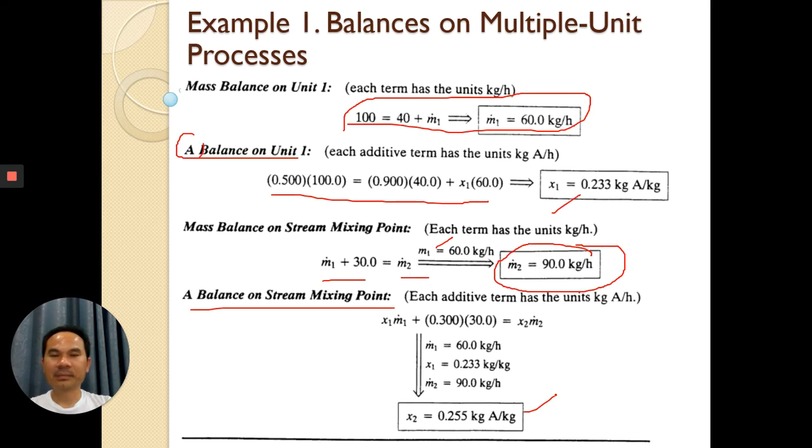Okay, it is an example of calculation for a multiple unit process. The first step, you have to choose the basis, draw the flow chart, and then check the degrees of freedom. You check the overall balance, the units, and sometimes the mixing point.